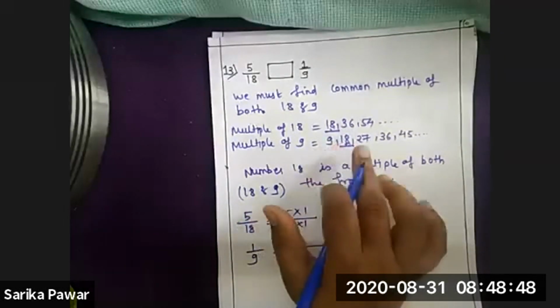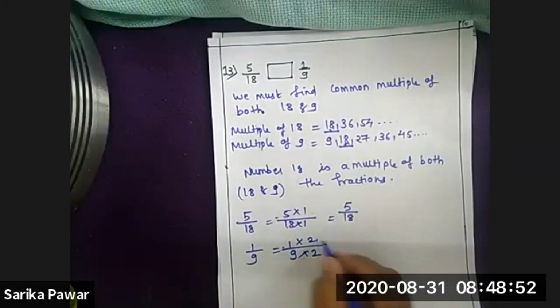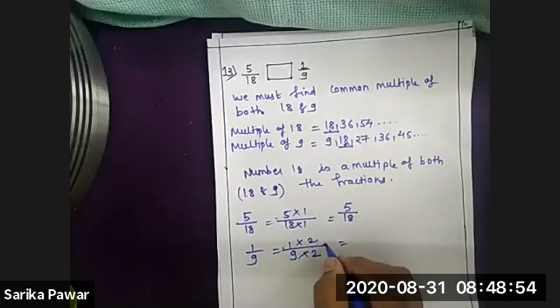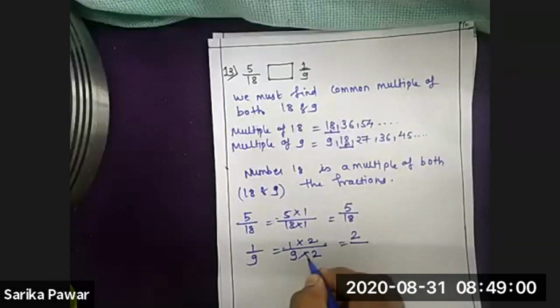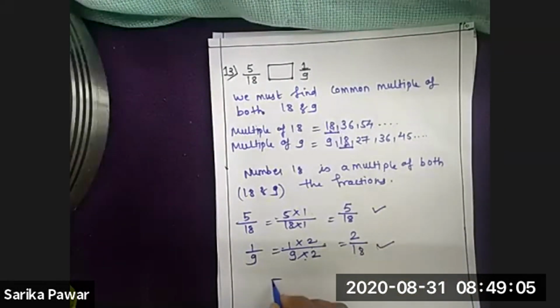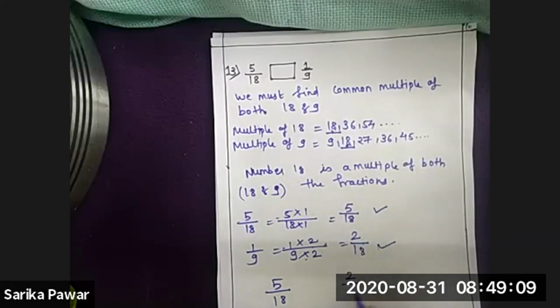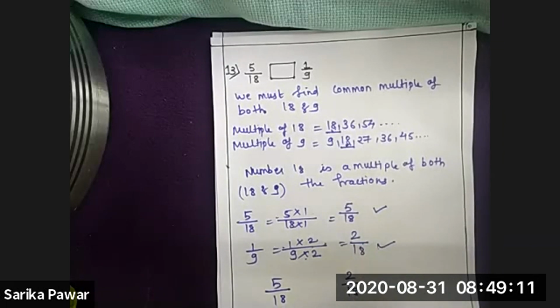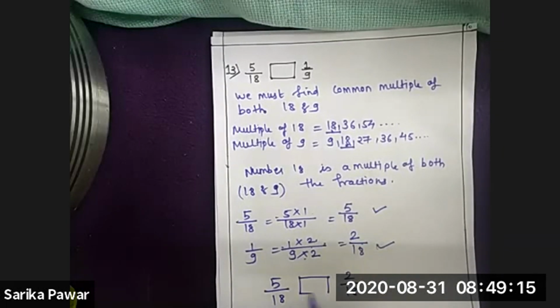Multiply here: 9 twos are 18, and 1 multiplied by 2 is 2. Any number multiplied by 1, the answer is the same value. So 5 upon 18 and 2 upon 18. Both the answers I wrote here, okay? Now what will I put here? A box, right?